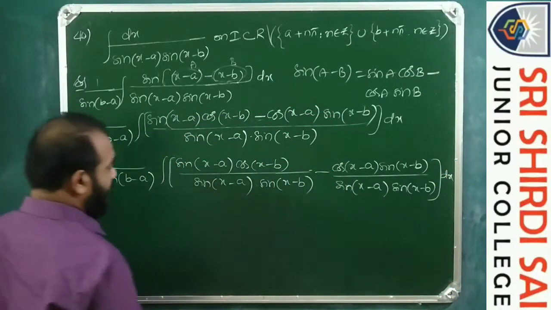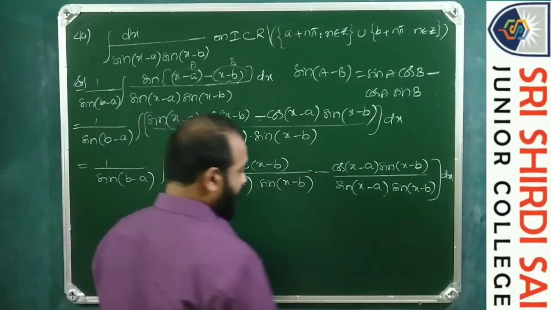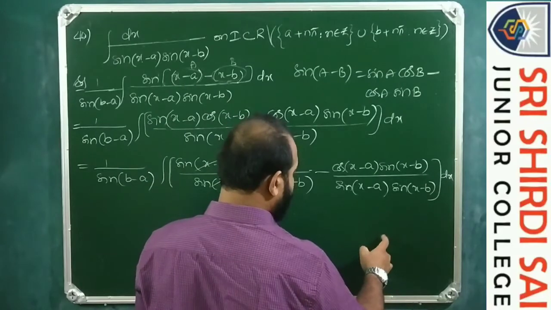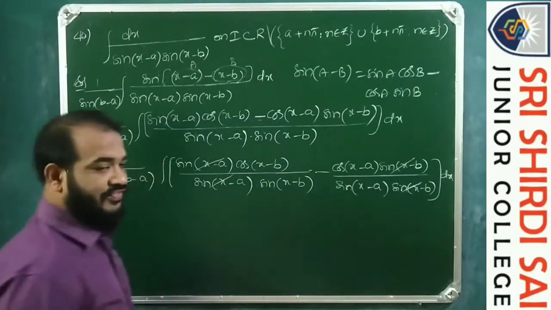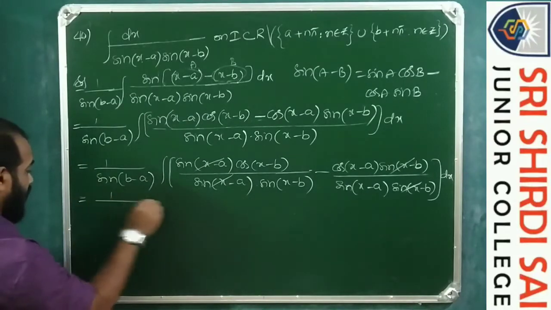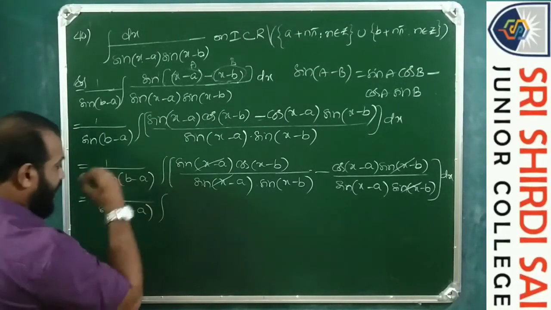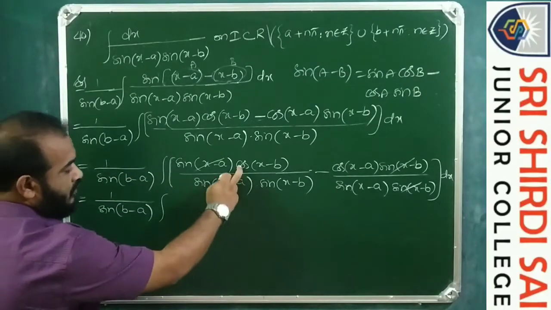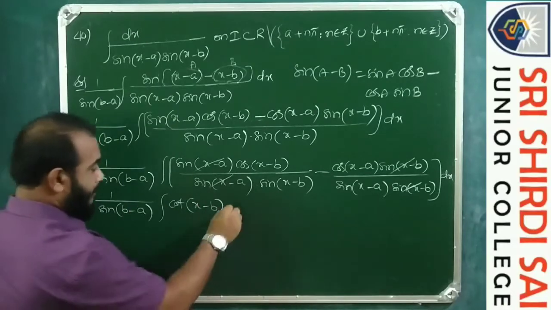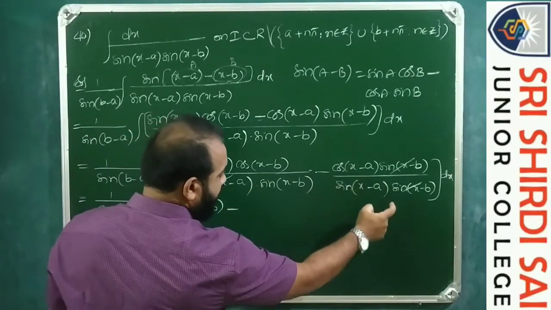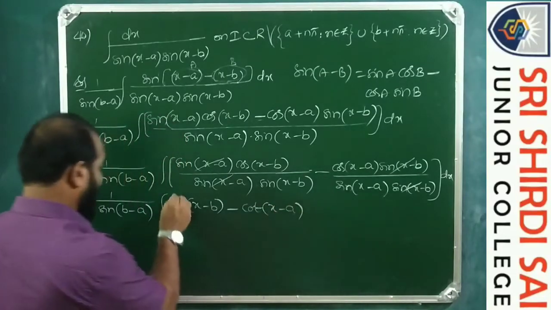So here sin(x minus a) gets cancelled, and here sin(x minus b) gets cancelled. So this is equal to 1 by sin(b minus a) into integral cos by sin is cot, so cot(x minus b) minus cos by sin is cot, so cot(x minus a), whole dx.